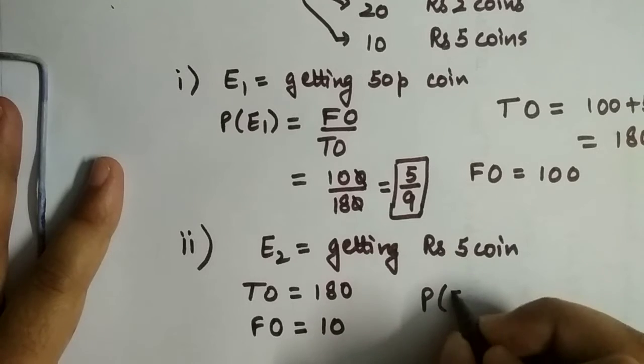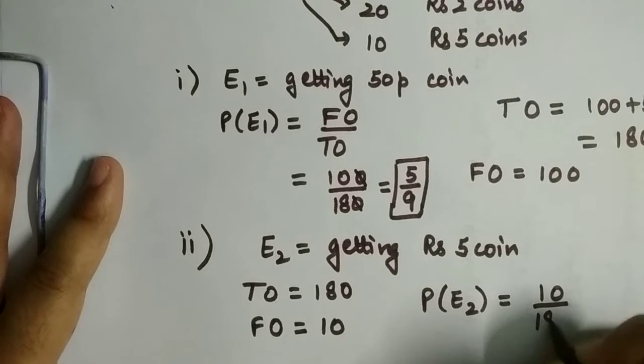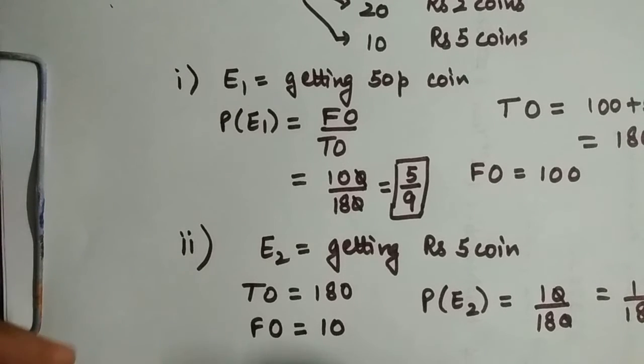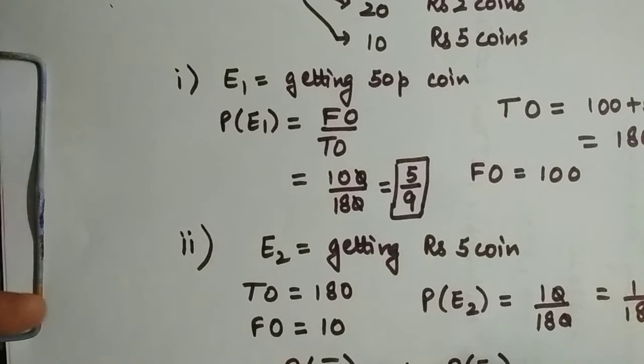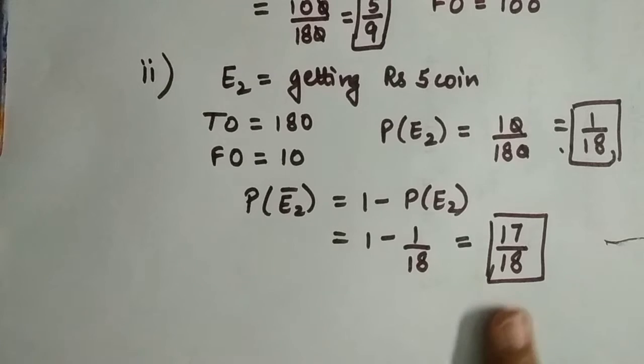So the probability of getting a 5 rupee coin is 10 upon 180, that is 1 upon 18. So what is the probability of not getting a rupees 5 coin? It is P of E2 bar, which is 1 minus P of E2. It is 1 minus 1 upon 18, 17 upon 18. This is your answer.